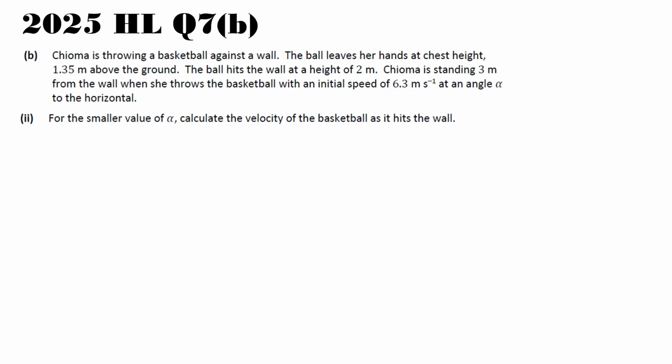So then it says for the smaller value of alpha, calculate the velocity of the basketball as it hits the wall. So our smaller value of alpha was our 40.8 degrees. So as it hits the wall, we're going back to our table and we're looking for our V, where we have Vx i plus Vy j. Now here's the thing.